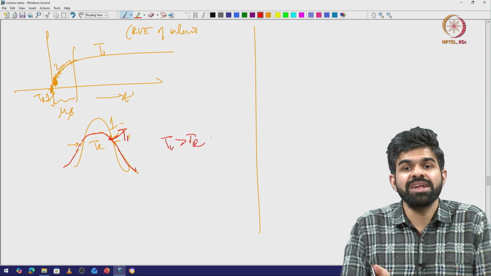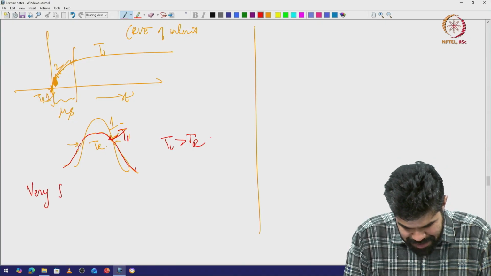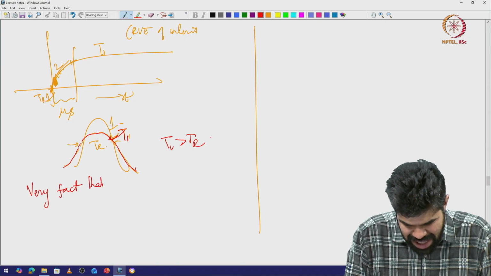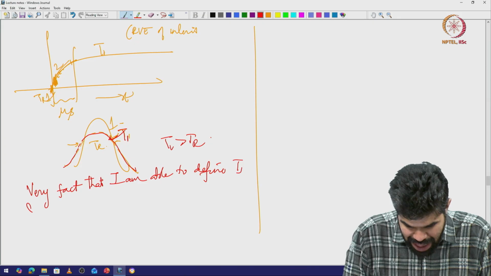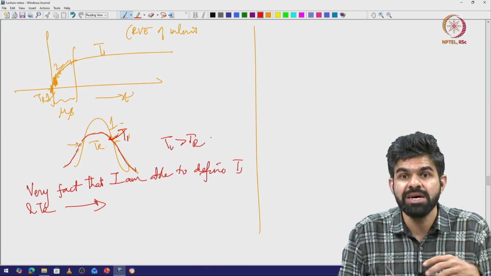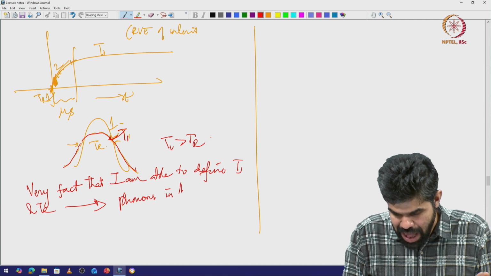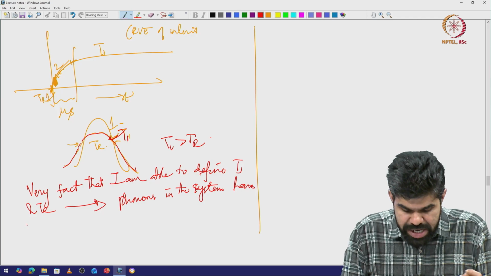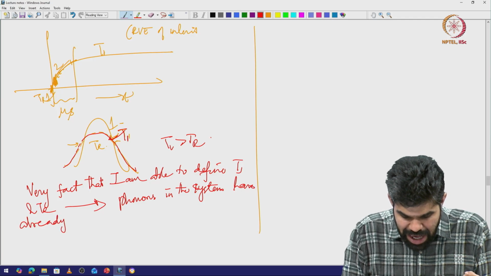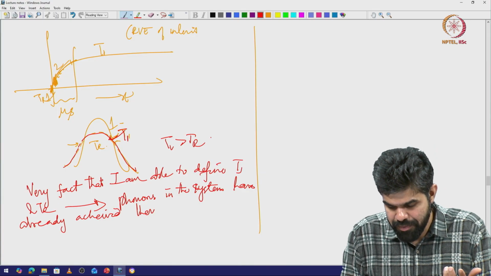But the very fact that I am able to define a T1 and a Tr means that the phonons in the system have already achieved thermal equilibrium.